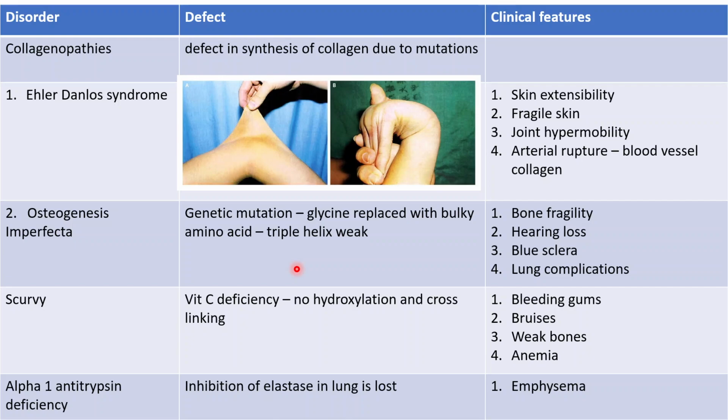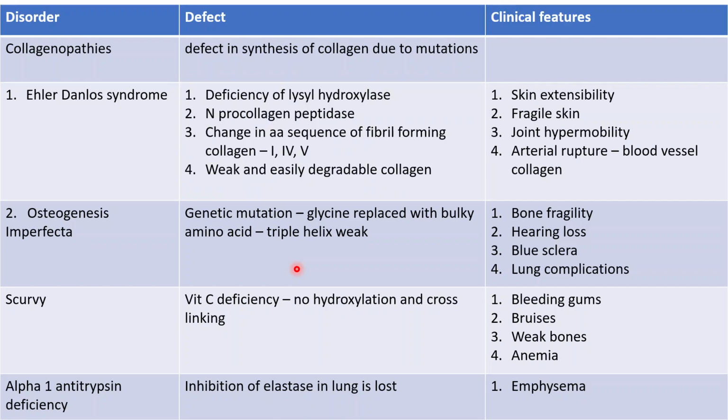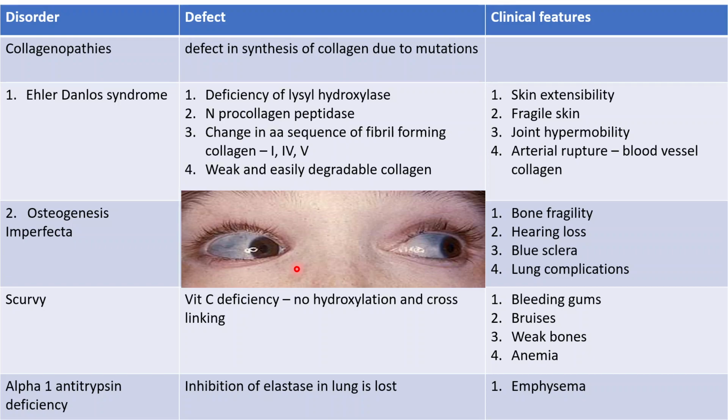It will be weak and will not have the same tensile strength, and this is known as osteogenesis imperfecta. Here the bones become fragile, hearing loss is seen, and the sclera becomes blue, as you can appreciate over here.